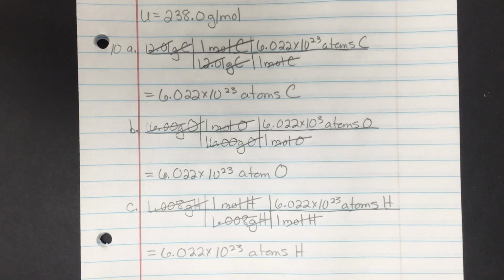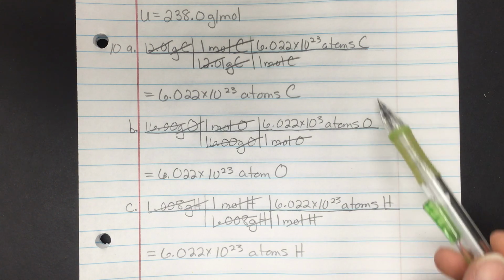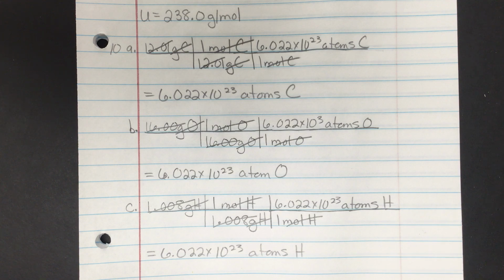So why would the book have me do a problem like this where all of them are the same answer? Well, to show you that with these different elements, they all contain the same number of atoms. They're all 1 mole, but they all have different masses because when you look at this, hydrogen is the least massive of all the atoms.